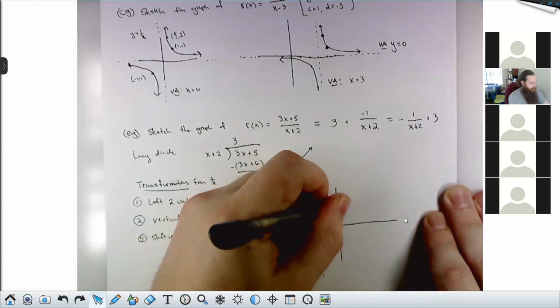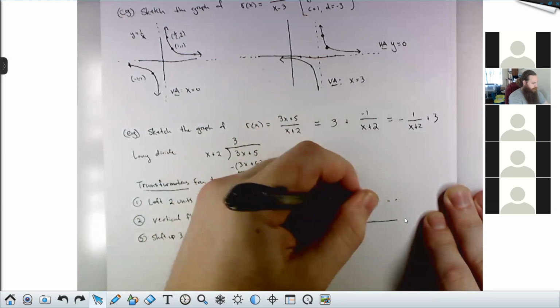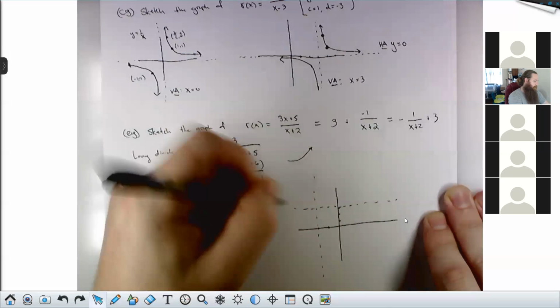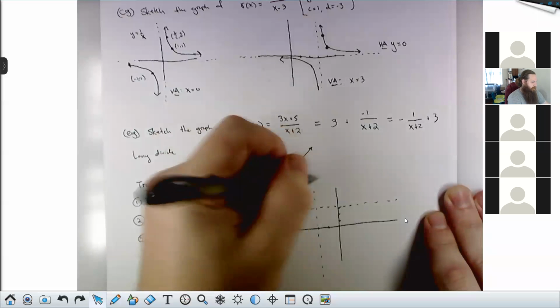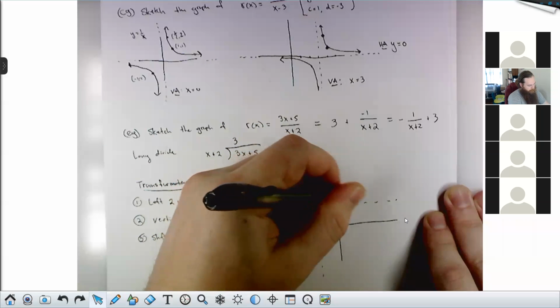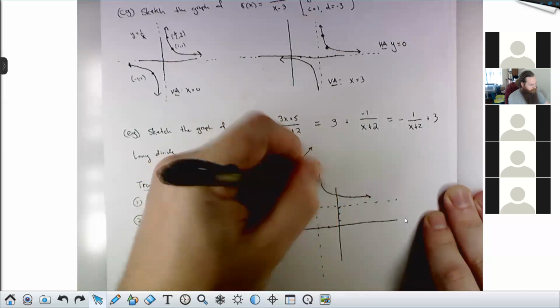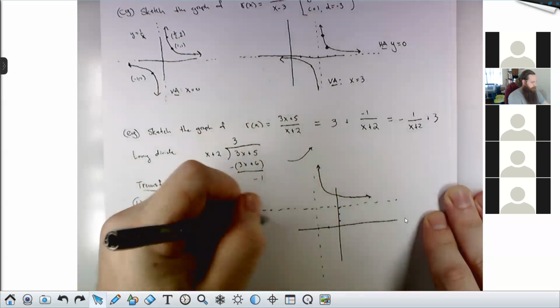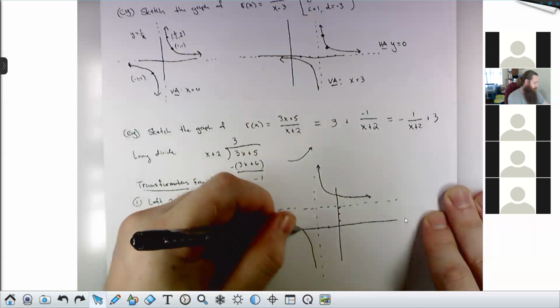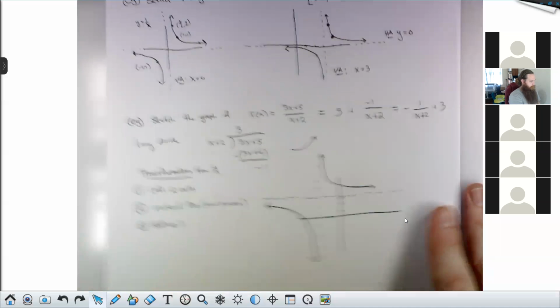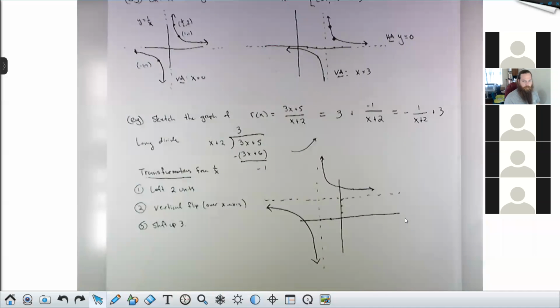That's going to move my horizontal asymptote from the line y equals 0 to the line y equals 3. And the result looks like this. Not too shabby, right?